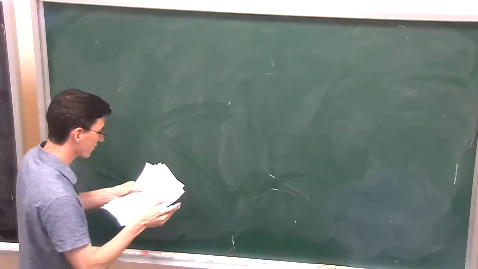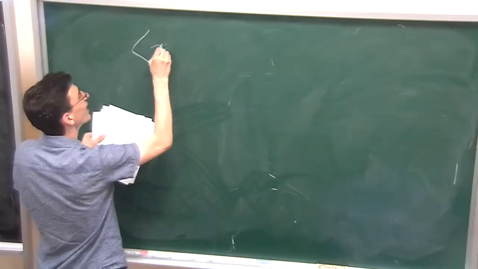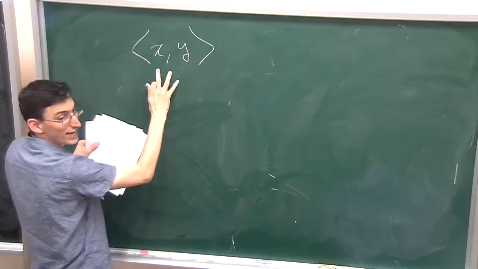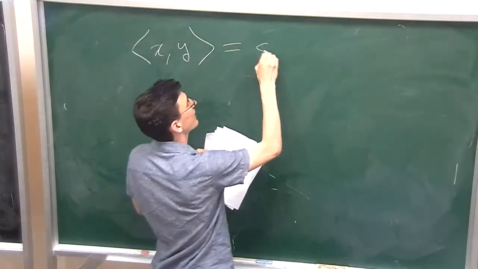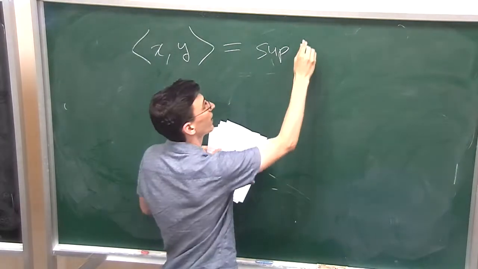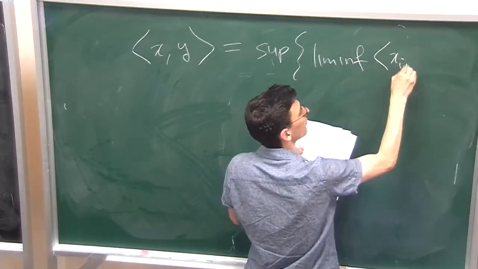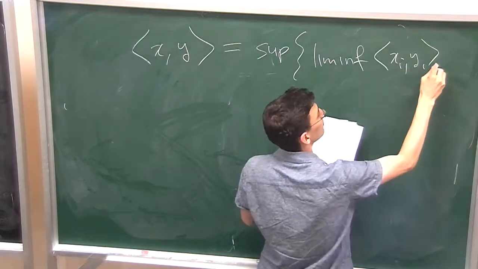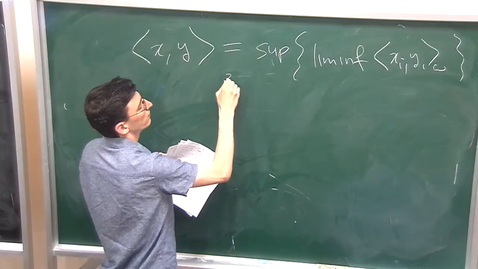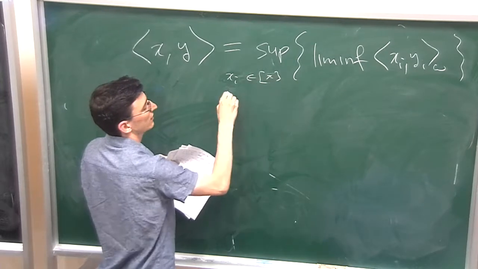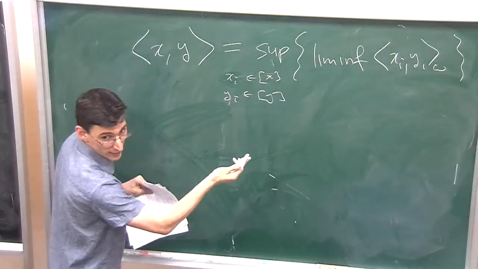You want to do the topologizing part? I'll just kind of say it. It's a bit of a monster. I want to extend the Gromov product to the boundary. What I have to do is take a supremum of some lim infs of some stuff, when I think about sequences in the equivalence class of X and sequences in the equivalence class of Y. The reason you have to do this is because of an example like this.